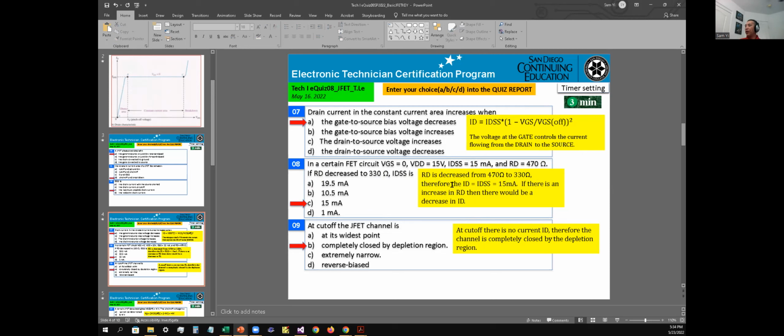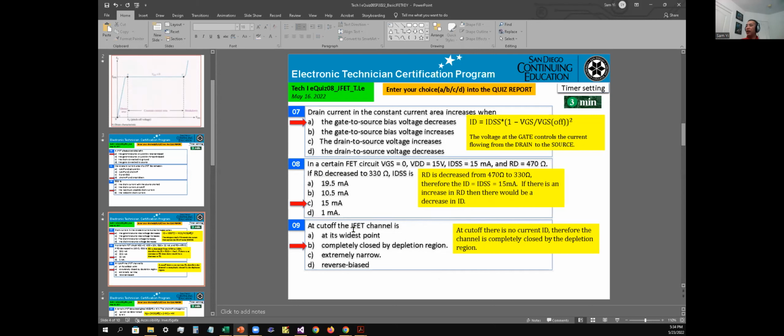Therefore, ID stays equal to your IDSS, which is 15 milliamps. If there were an increase in RD, then ID would decrease. But in this case it's a decrease in resistance, so there's no change in current. Whatever the maximum possible current is, that's what you're going to have. So the answer is C as in cat for number 8.